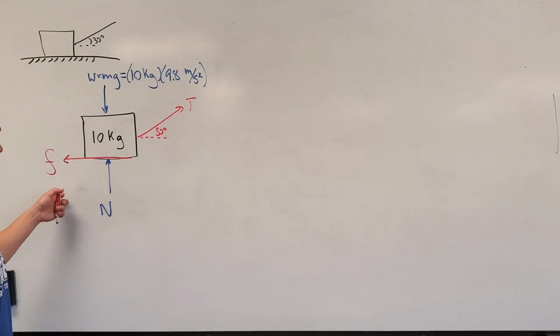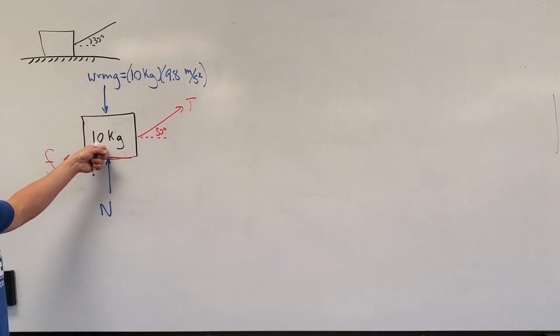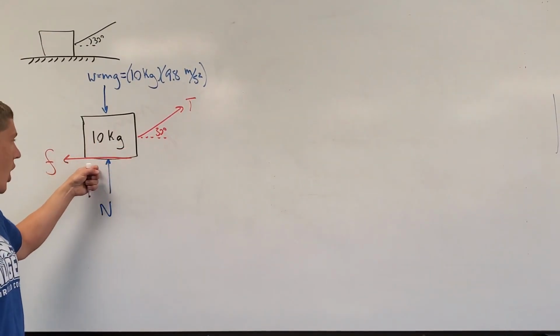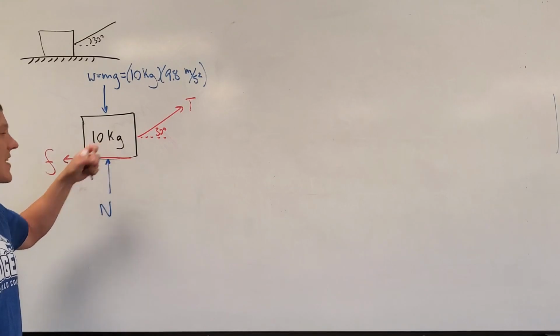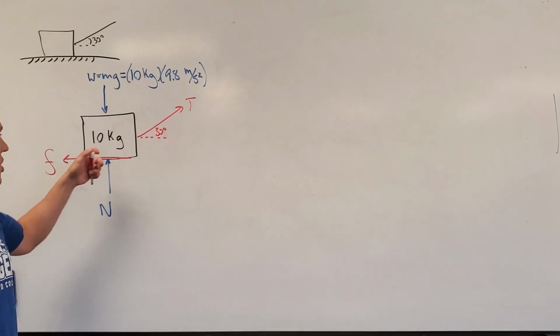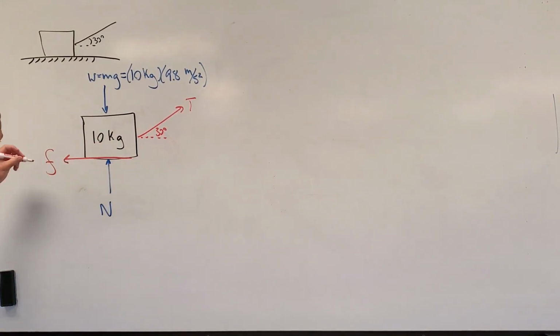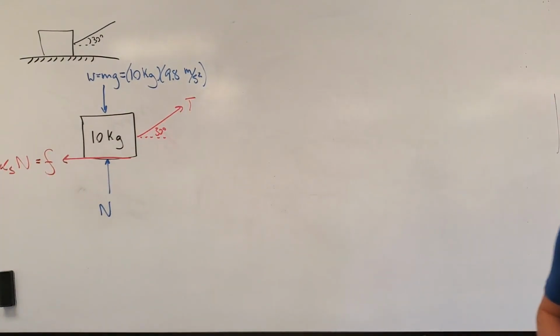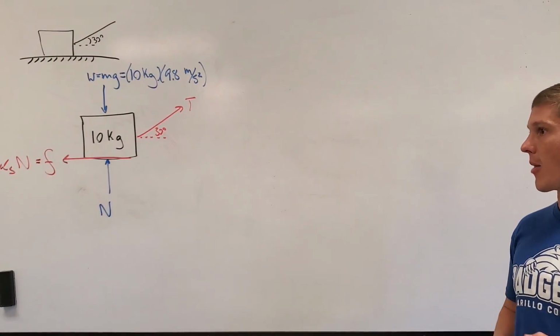In the initial case where this block is stationary, if we want to overcome our frictional force in order to get this block to move, the value of our frictional force is going to be our coefficient of static friction times our normal force. So now we have a pretty good free body diagram.